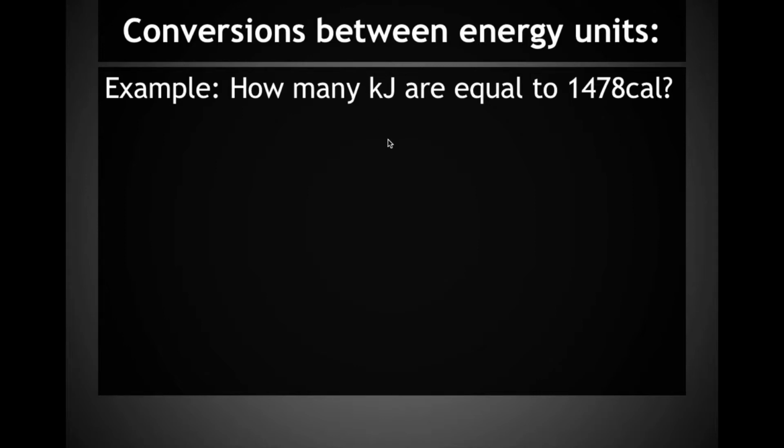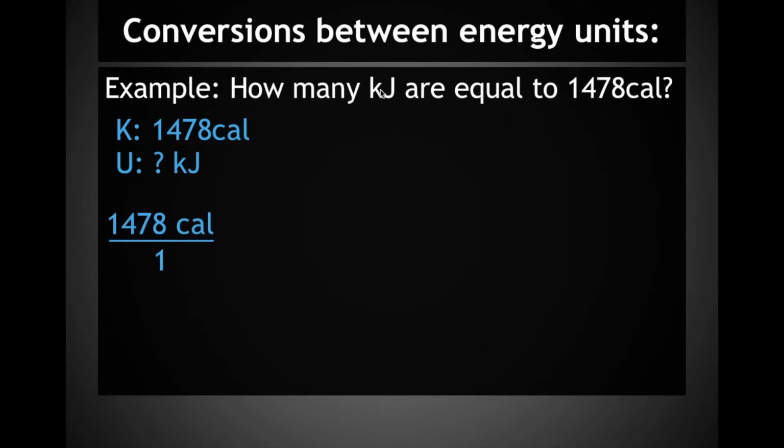One other step that might happen is you may be asked for kilojoules. You may not be asked for the joule specifically. So in that case, you're just going to do your known and unknown. You'll have your known, which is this many calories. Your unknown will be here. We know joules, so we're just going to take one more step and make it kilojoules. So our known, and then we need to cancel out our known with the calorie here. For every 1 calorie, it's 4.184 joules, okay?